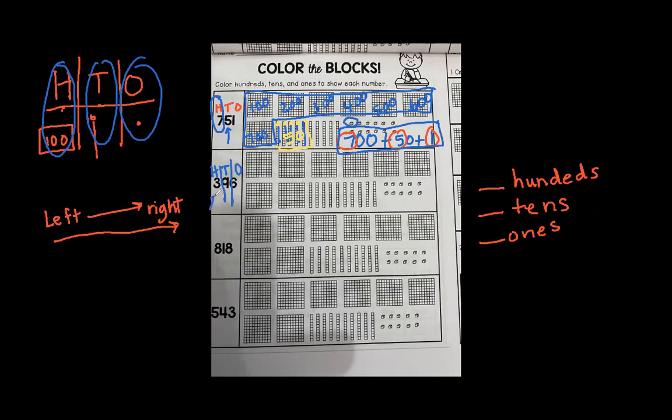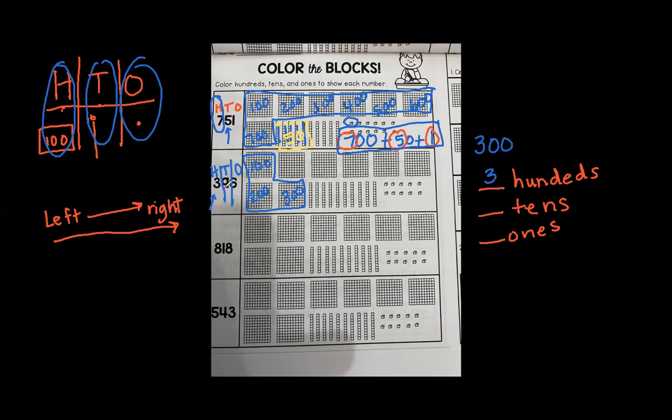So we will count to 300. 100, 200, 300. So the value of the hundreds place is 300. How many hundreds are there? 1, 2, 3. 3 hundreds.